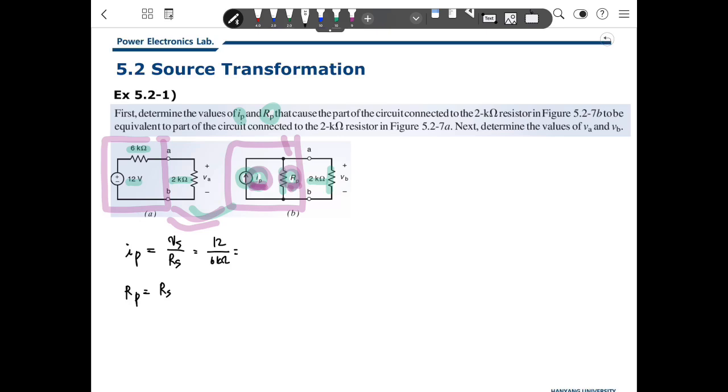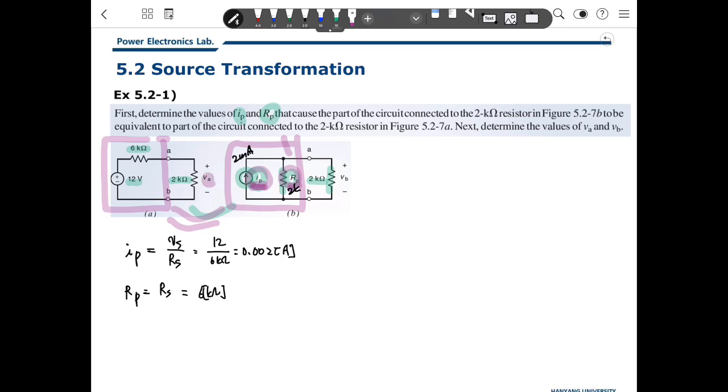So the value is 0.002 ampere, and RP will be 6 kilo ohm. Then we need to check it. That will be 2 milliampere and 6 kilo ohm.